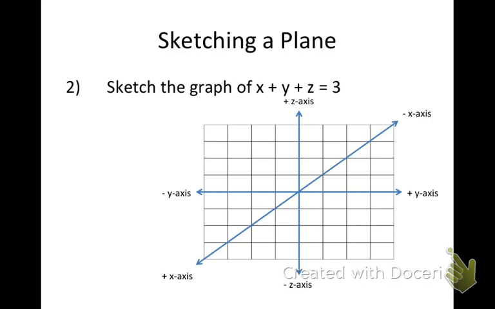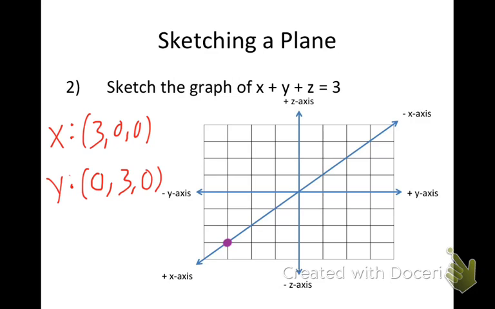All right, let's look at this here. First thing I'm going to do is find my x-intercept. What would my x-intercept be, Bennis? 3, 0, 0. So right there. Then I want to find my y-intercept. Crump, what's my y-intercept? 3. So as a coordinate? 0, 3, 0. Nice shot.